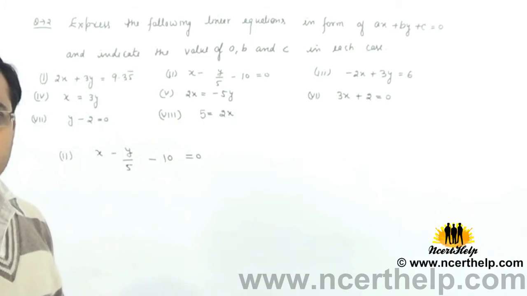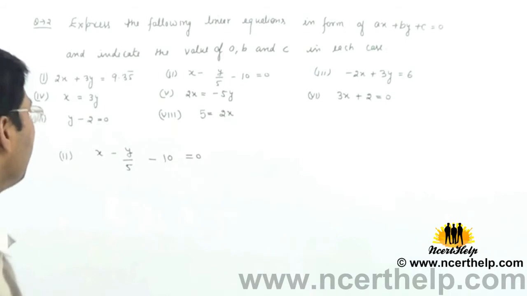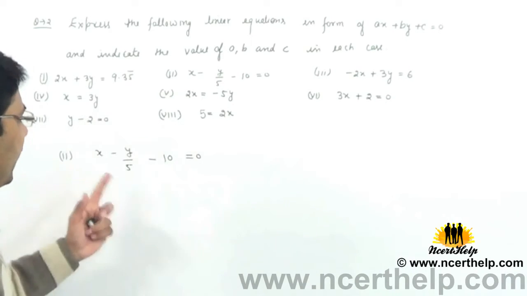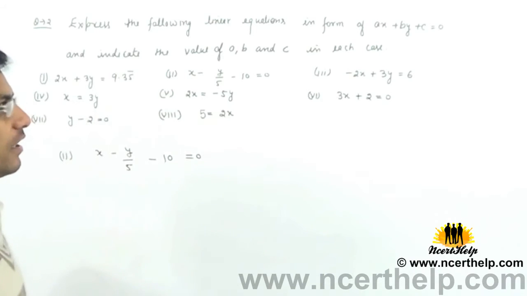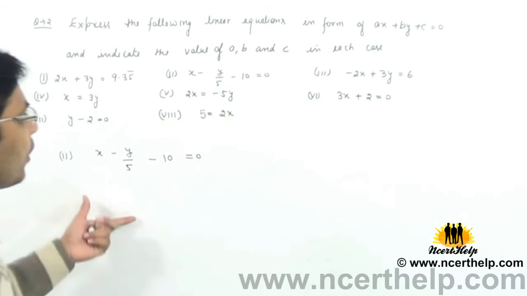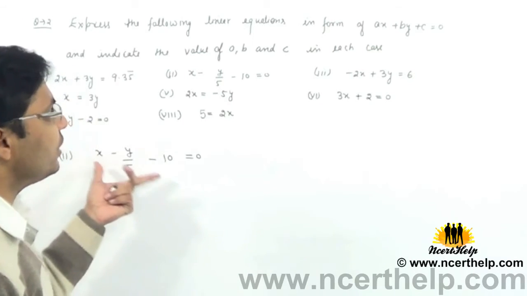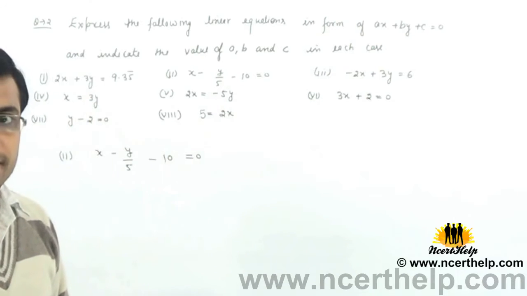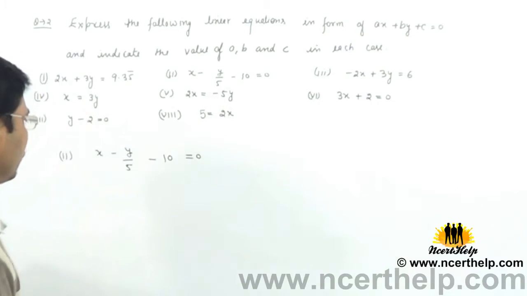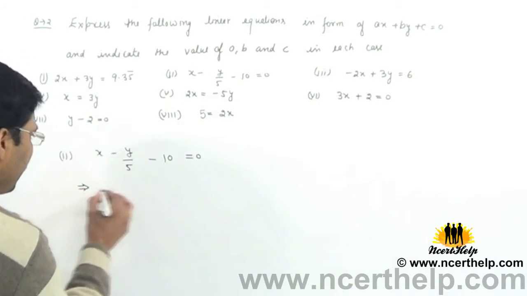Now consider second part of this question. In second part it is given that x minus y by 5 minus 10 equals 0, and we need to convert this equation in the form of ax plus by plus c equals 0. So how can we do so?